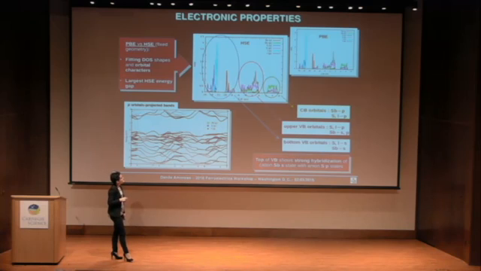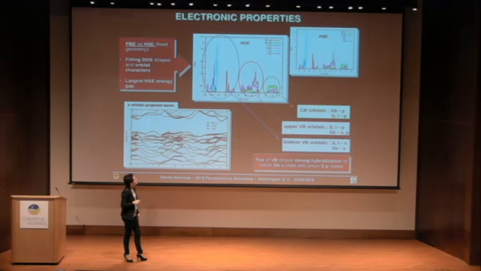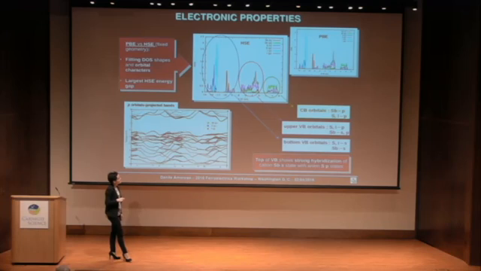Indeed, the top of the valence band is characterized by the p states of sulfur and iodine, but also by an interesting amount of s states and p states of antimony. And then the conduction band is fully characterized by the p states of antimony and also p states of iodine and sulfur.